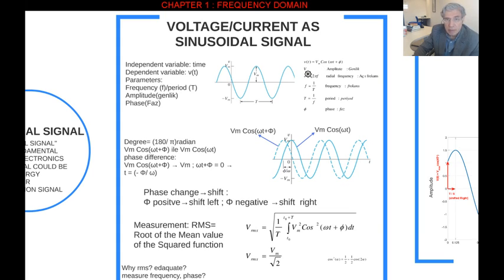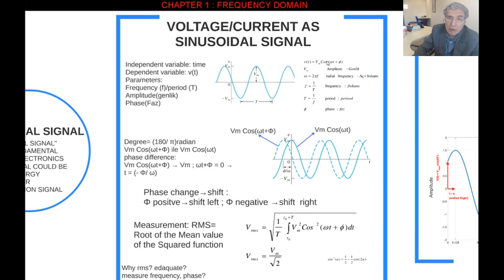For Vm, the maximum and minimum values of a cosine function are plus and minus 1, so we know the limits of the cosine function. Vm is the coefficient of this. That means Vm is the maximum value.